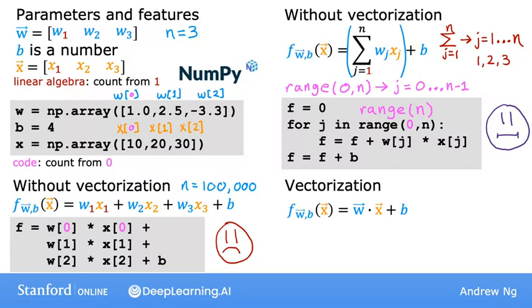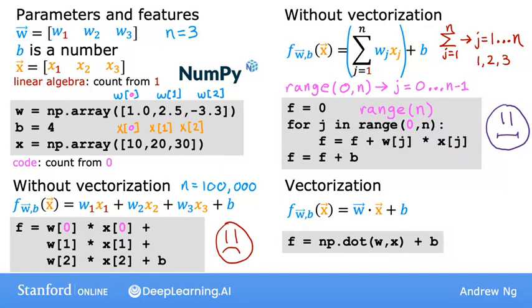This is the math expression of the function f, which is the dot product of w and x plus b. And now you can implement this with a single line of code. By computing f equals np.dot, I said dot dot because the first dot is the period and the second dot is the function or the method called dot. But it's f equals np.dot(w, x).